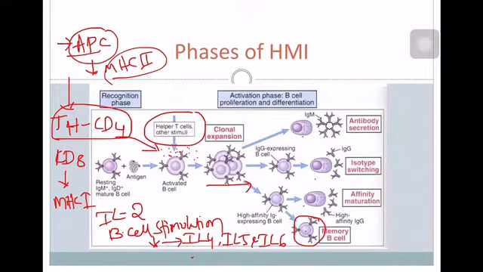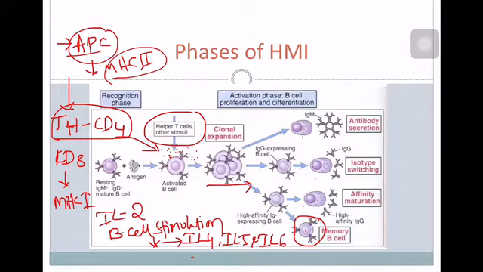Activated TH cells secrete cytokines, including interleukin 2 and the cytokines that stimulate the B cell, which include IL-4, IL-5 and IL-6.